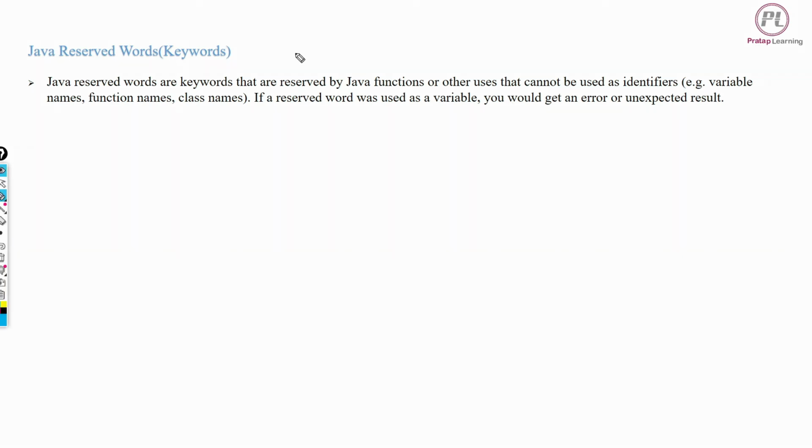Now we will see the complete structure of these reserved words. The root of this tree is reserved word, and basically it has two types. The first one is keywords and the second one is reserved literals.